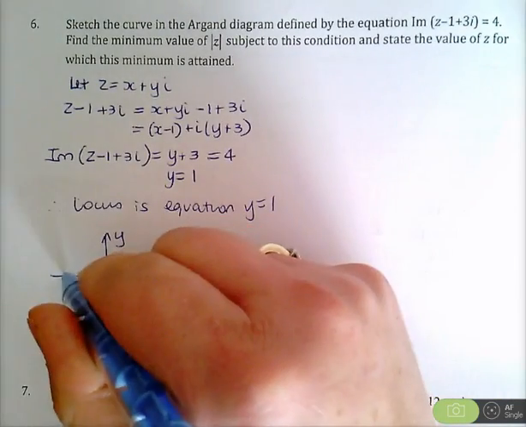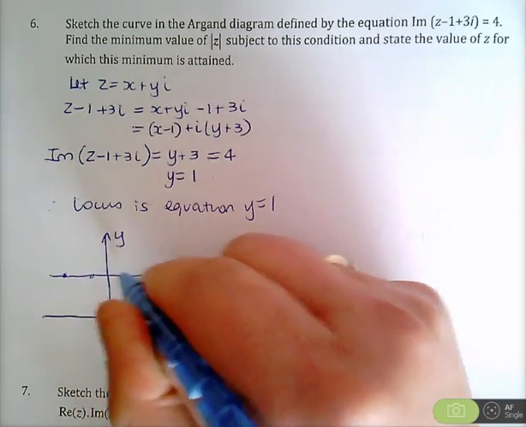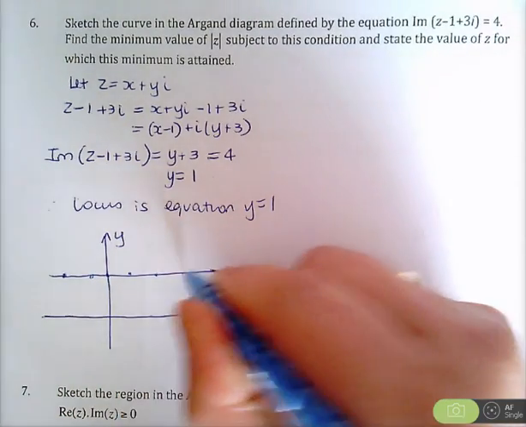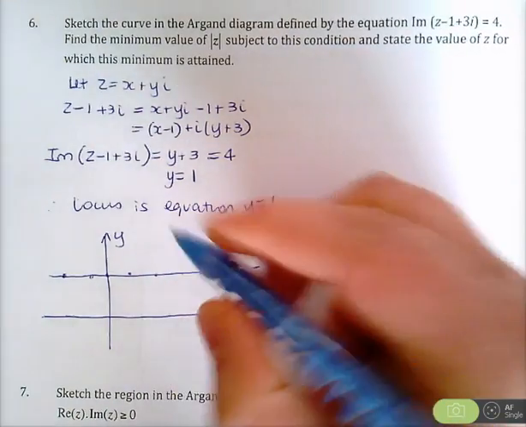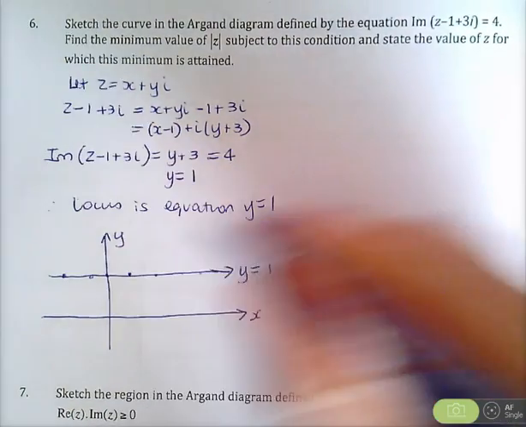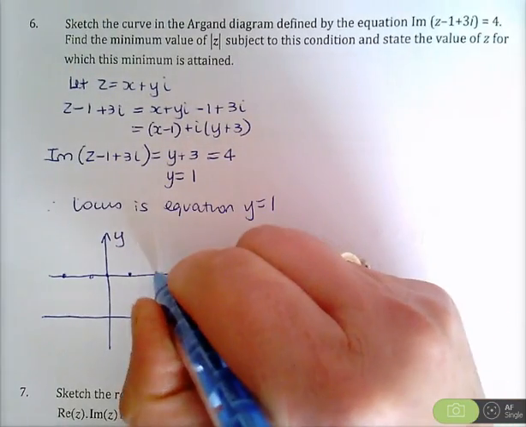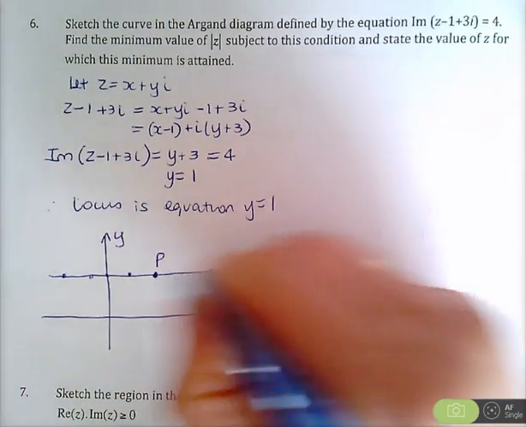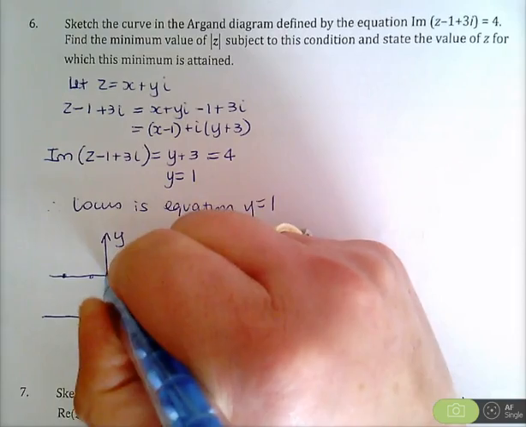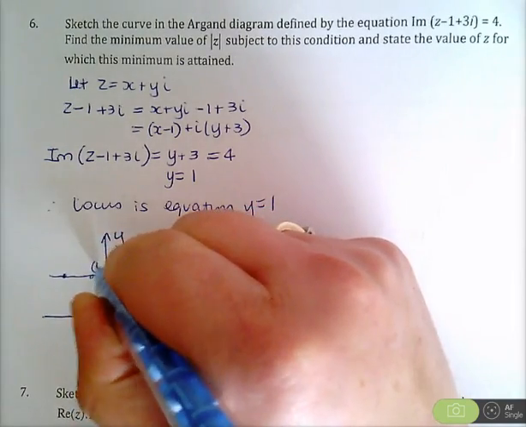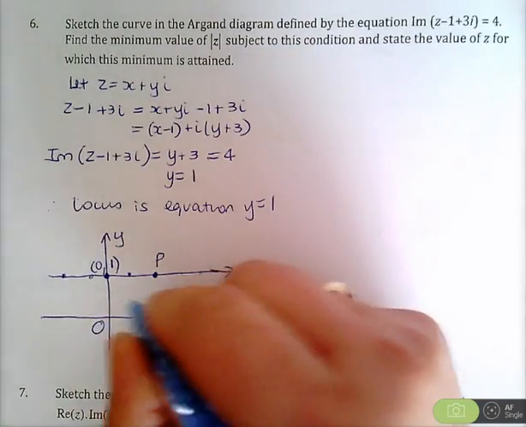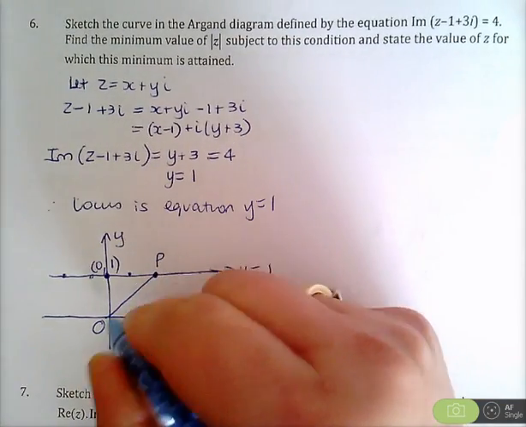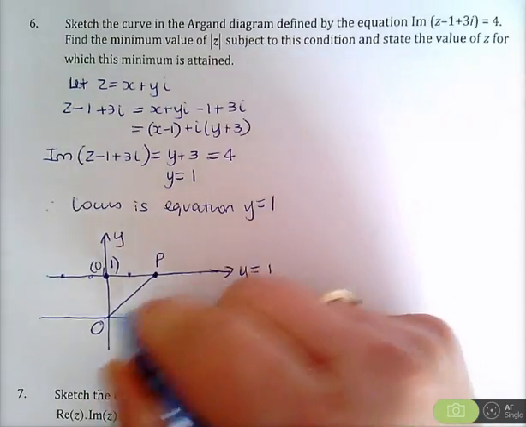In other words, your point will travel along this line, along y equals 1. So the x value could be anything, but the y value is always going to be 1. For example, I'm just going to pick a point P on this line, but it can travel anywhere along there. This point here is (0, 1), for example. This is the origin.